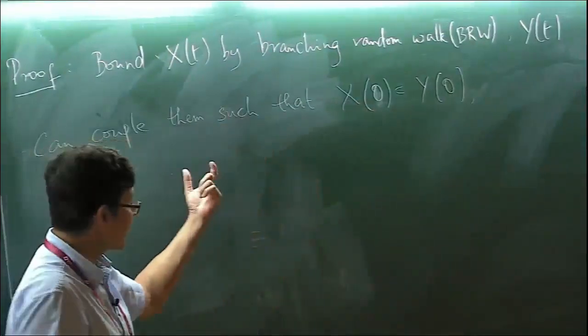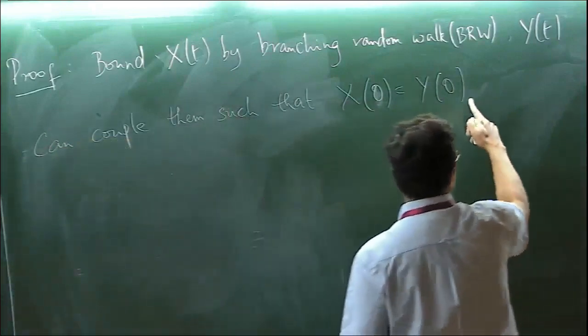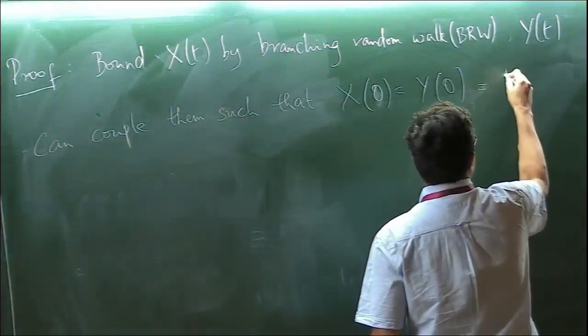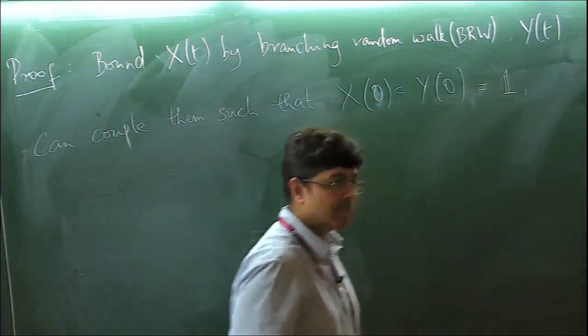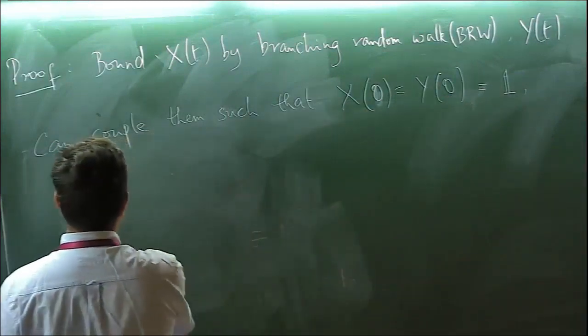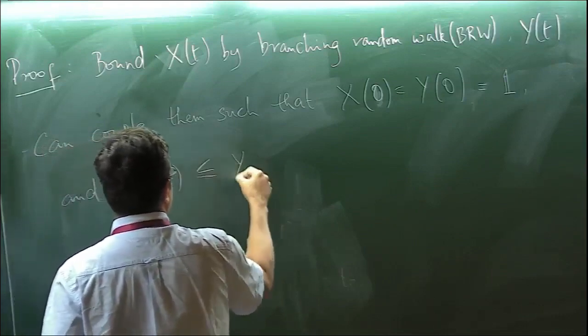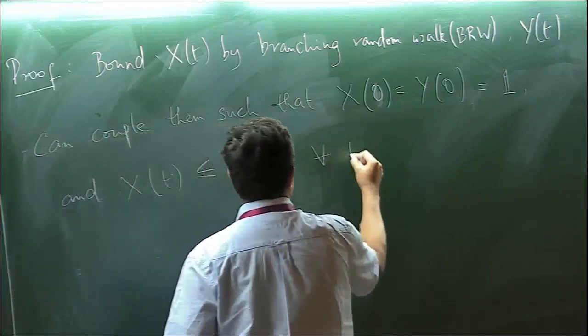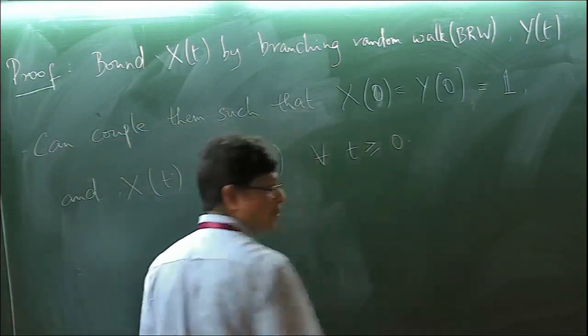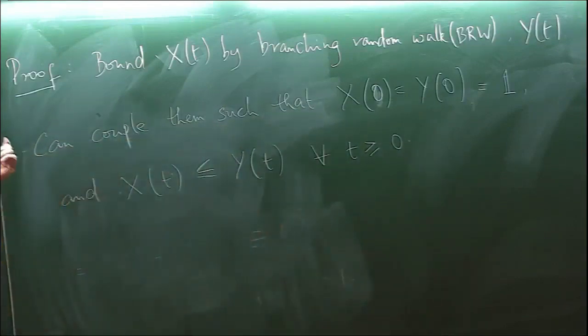We'll start the branching random walk in the same initial condition as the epidemic, which is going to be the all one vector, and xt is going to be less than or equal to yt for all t positive. Okay. So if some site is infected, then it's going to carry one or more infections in the other model.